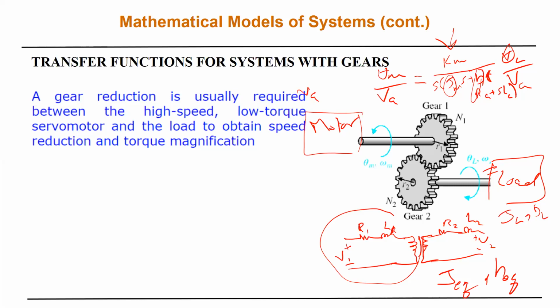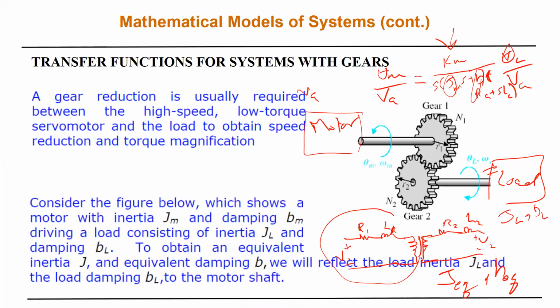Basically the same thing which you have done in getting the equivalent impedance. If you have a transformer and you reflect it to one side of the circuit, we would like to do the same here.